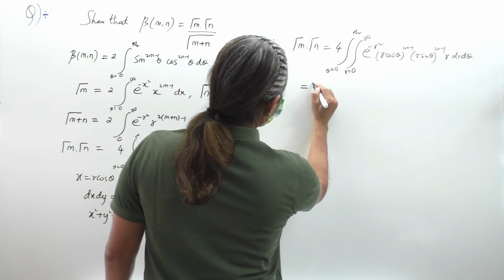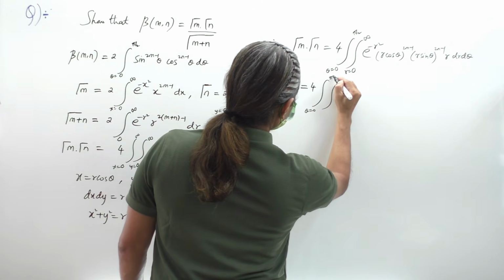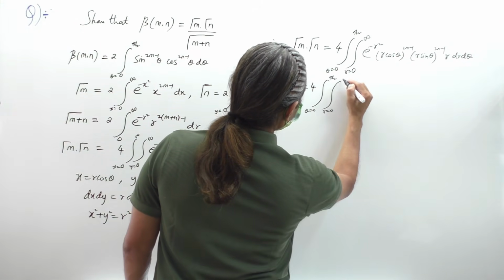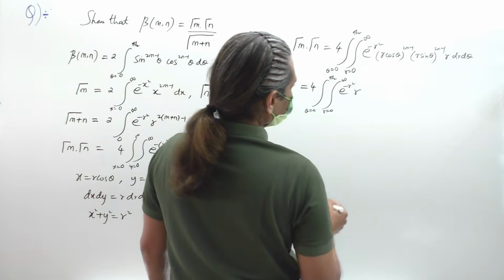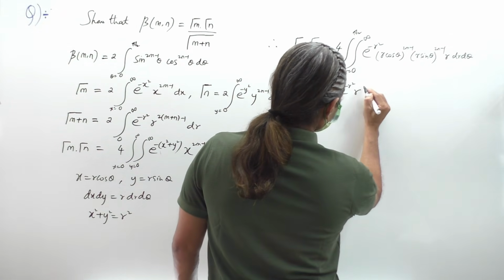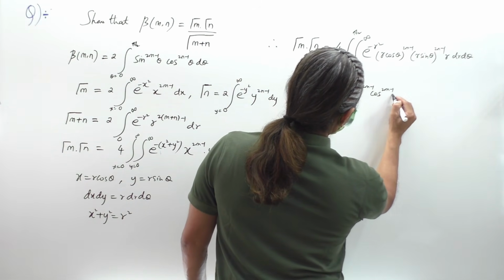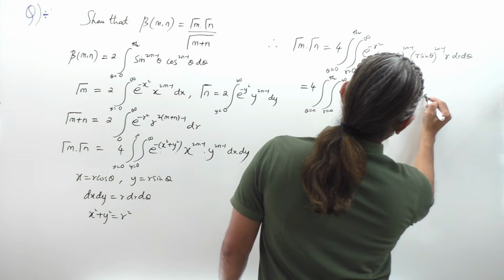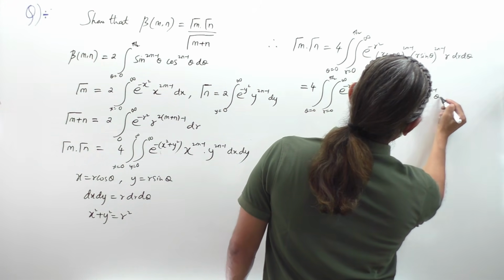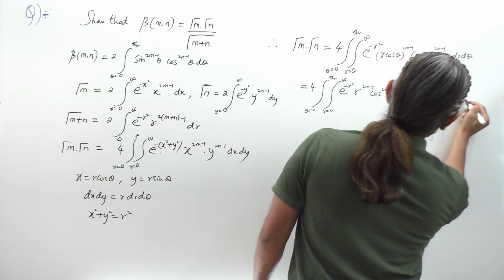This will be equal to now 4 theta is equal to 0 to pi by 2, r is equal to 0 to infinity, e raised to minus r square into r raised to, let's open a bracket, 2m minus 1 into cos raised to 2m minus 1 theta, r raised to 2n minus 1 into sin raised to 2n minus 1 theta into r into dr into d theta.